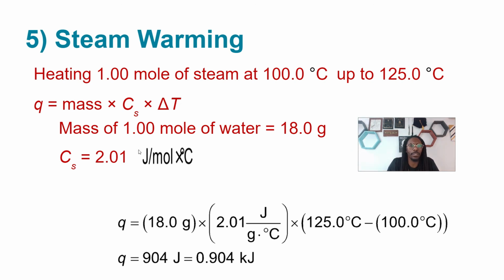So now, since it's on that other step, warming, we're going to take everything and apply it all again. 18 grams mass, still because it's still 1 mole. Now we're in the gas state, so now we've got a different specific heat, 2.01. And then notice the final minus initial, 125 minus 100. And we do our math here, we're going to see that the energy required for that process was 0.904 kilojoules. Okay.